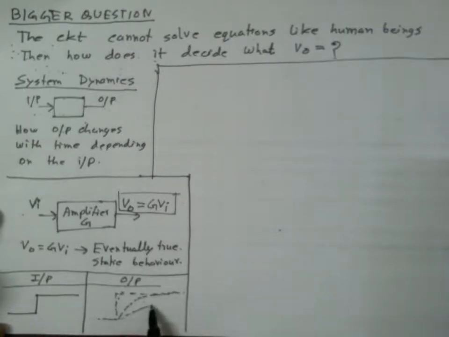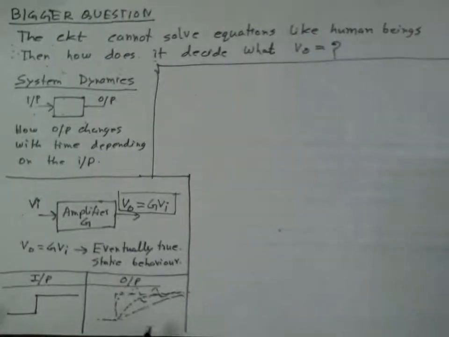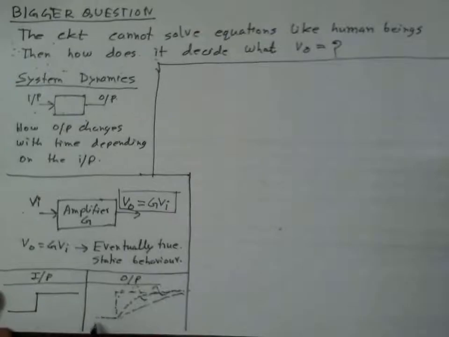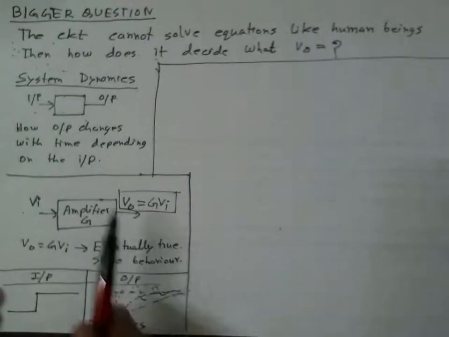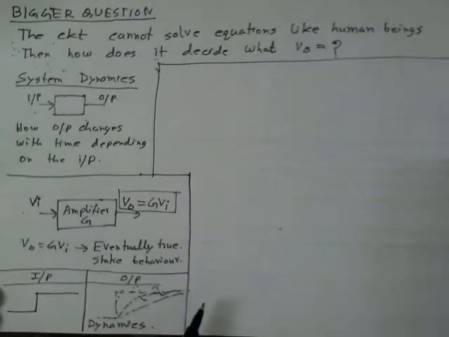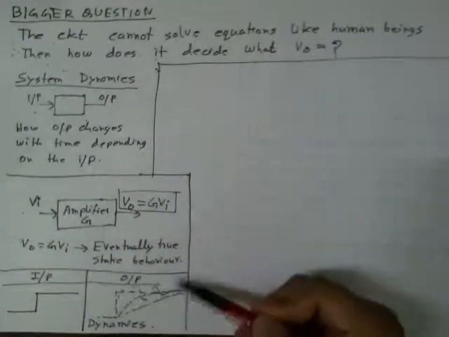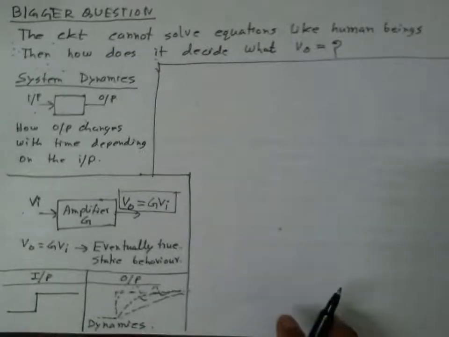Or will it have more delay and take more time to reach this final value? Or will it oscillate for some time before settling to the final value? So this is the bigger question, and this is what we call the dynamics. How the output changes depending on the input. We're not interested only in the final or eventual value, but we're also interested in the change, this pattern. That's what we call the dynamics.